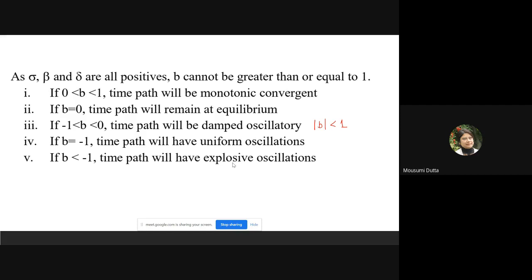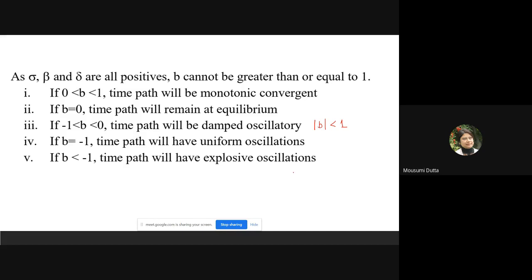And here, mod B is equal to 1, which means the time path will neither come towards equilibrium nor go away from the equilibrium. So you will get uniform oscillations around the equilibrium. The last possibility is B is less than minus 1.